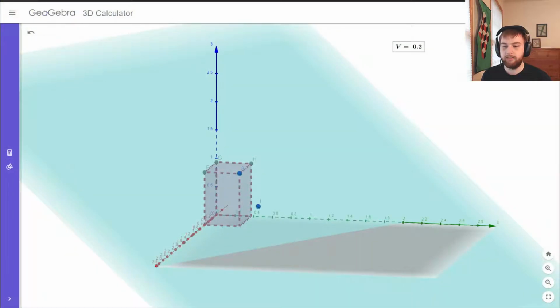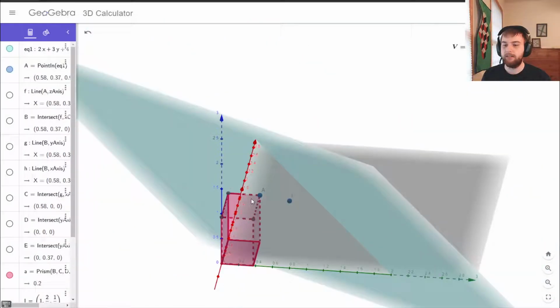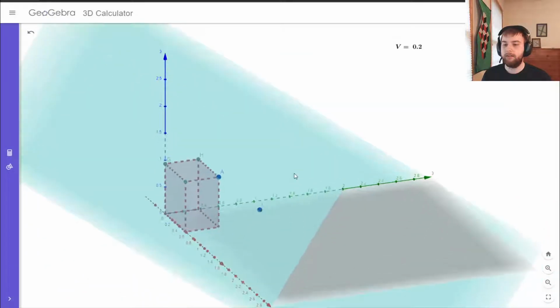Okay. So here we have our plane, and we have our box and everything here too. For some reason it is not allowing me to do that out there. I was clicking all over the place and it wasn't doing anything.